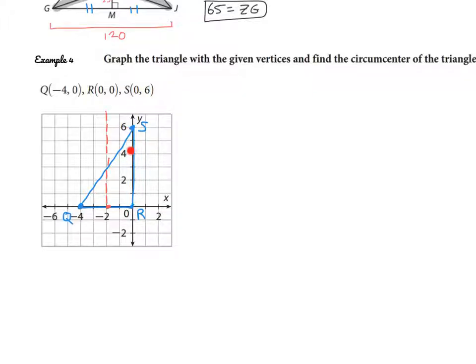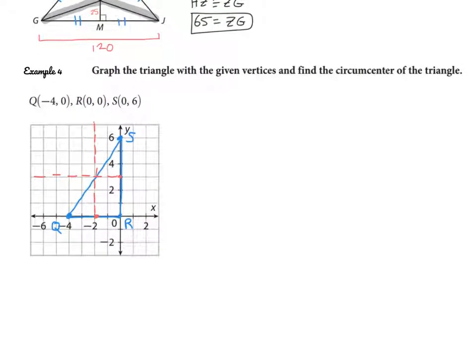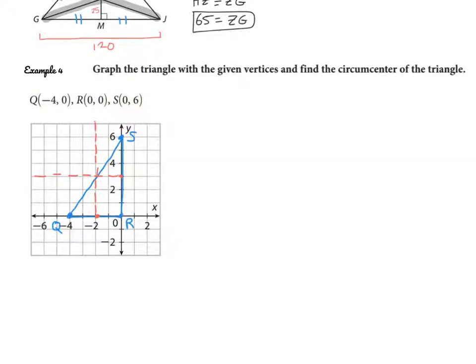Now let's find the perpendicular bisector of SR. I know that this total length between 0 and 6 is 6, so halfway will be at 3. Since this line is vertical, the perpendicular line will be exactly horizontal, like this. The circumcenter is where your perpendicular bisectors intersect.